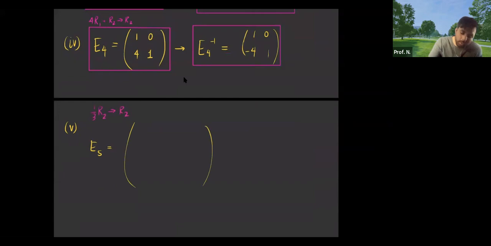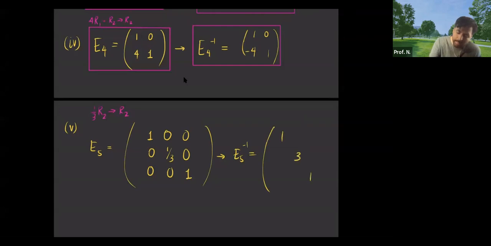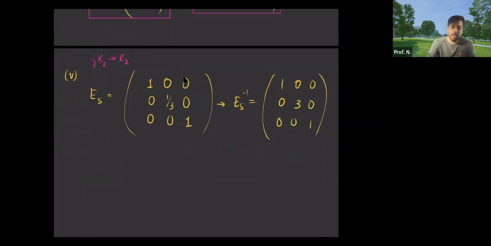So only the diagonal entry here will be a third. Everything else will be ones on the diagonal, and everything that's not on the diagonal will be zeros. That's a quick one. So then what's E5 inverse? It's going to be the inverse of 1/3, which is 3. Okay, so that's that.